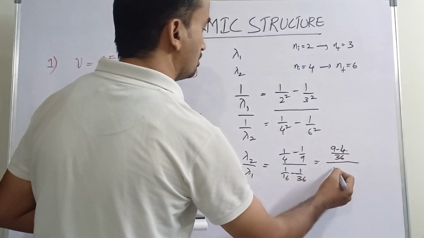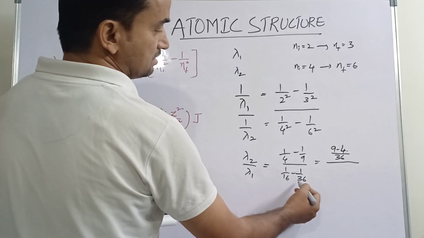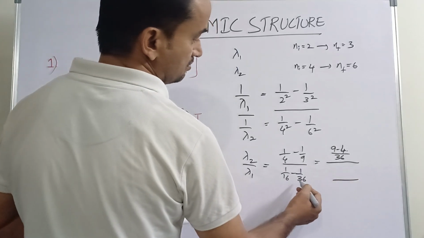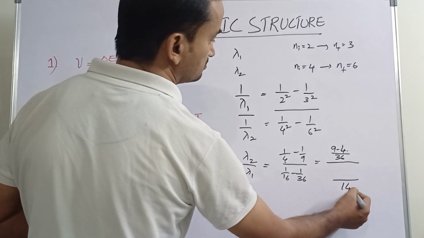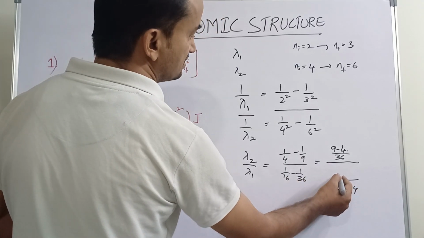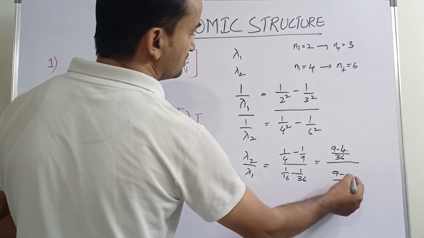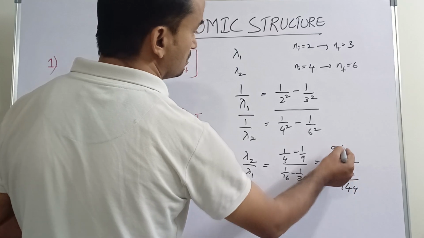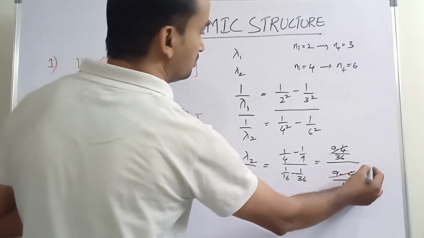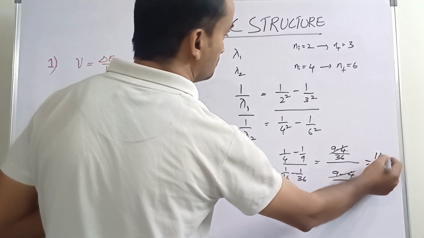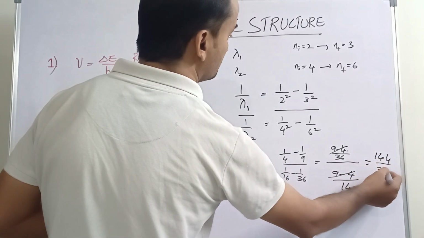Now if you take the LCM of this one, you may get 144. Now 36 times 4 is again 144. So 9 minus 4, 5 gets cancelled. So it becomes 144 divided by 36.